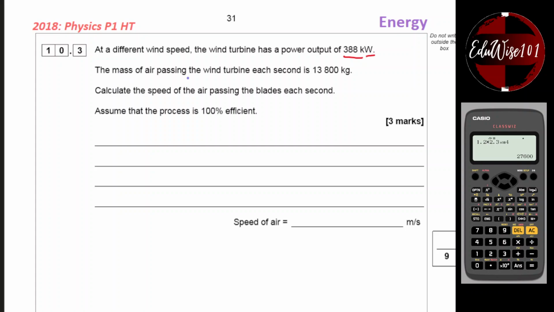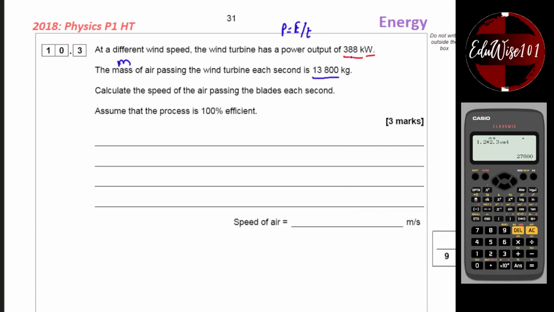The mass, m, of air passing through the wind turbine each second is 13,800 kilogram. Because it's per second, remember, power equals energy divided by the time.